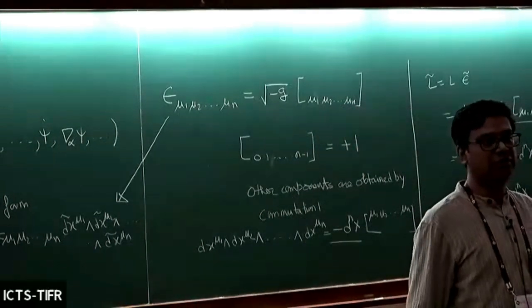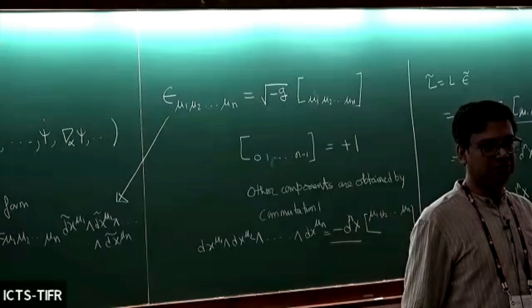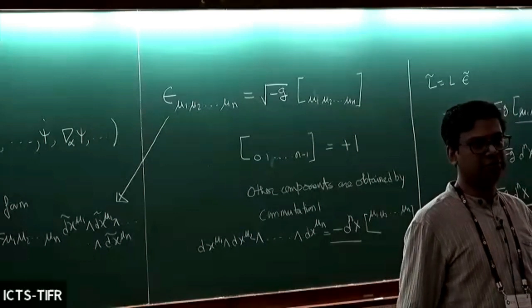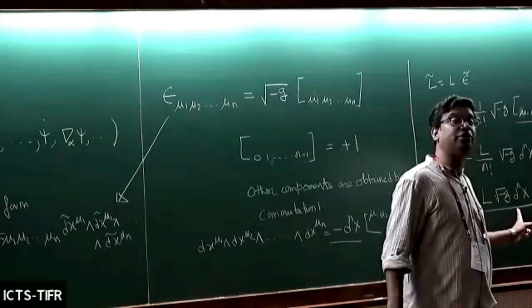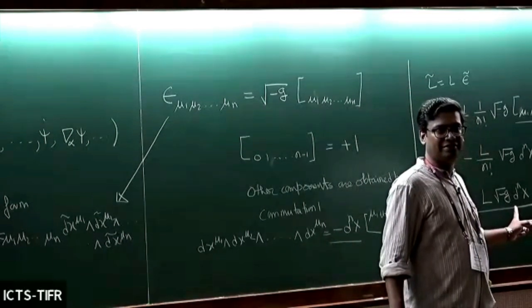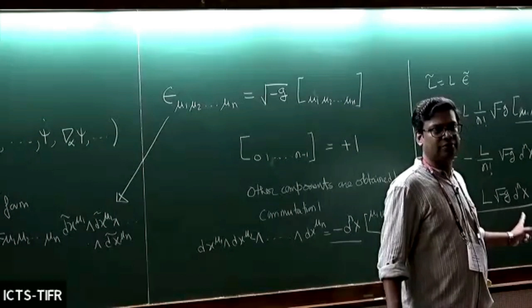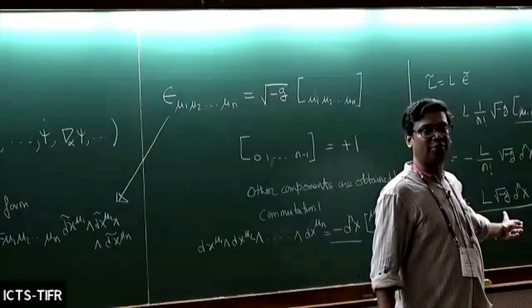Actually, instead of 1 plus 3, you take 1 plus 4, one time in that one. Then g can be positive. But then this g is the metric of what? It is for 4 space axes, but that is not what I'm looking for. This is the volume of the space-time.